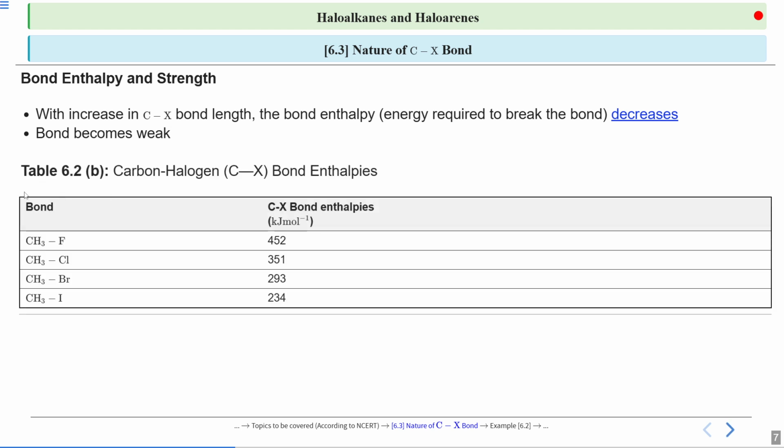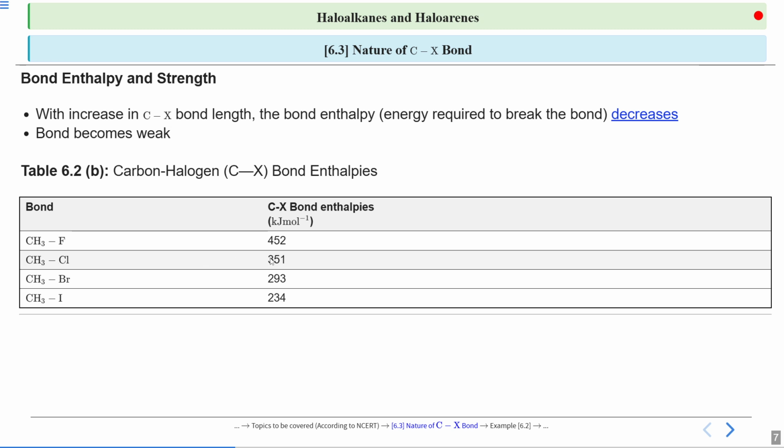So this is the table 6.2b part, which shows the carbon halogen bond lengths and bond enthalpies. Okay, so we have given again the similar compounds like fluoromethane. For fluoromethane, the carbon halogen bond enthalpy in kilojoule per mole is 452. Similarly, for chloromethane, we have the bond enthalpy as 351.